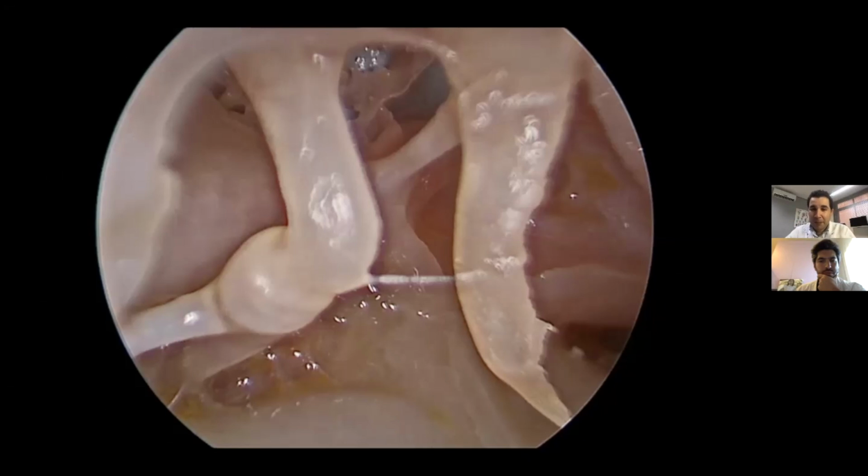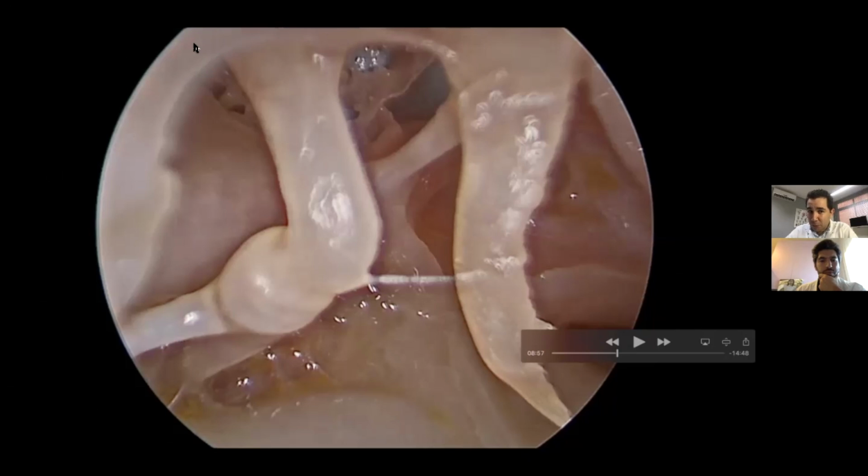The cog is a very important landmark because it will sometimes differentiate the anterior tympanic space from the posterior tympanic space, or sometimes the supratubar recess from the anterior tympanic space. In this case, the cog is differentiating the anterior tympanic space from the posterior tympanic space.